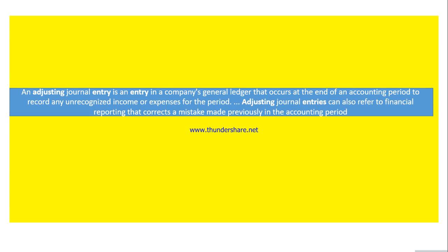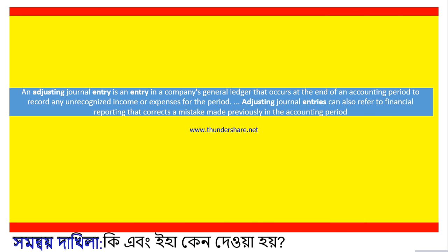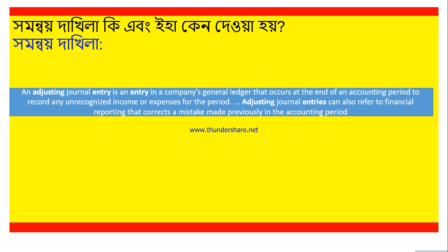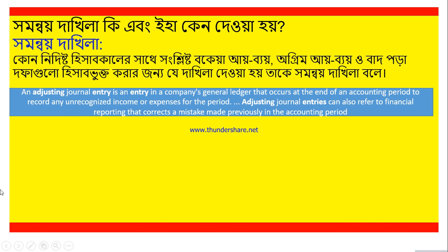So, it is time to know about the concept of adjusting entries and why it is required. An adjusting entry is an entry in the company's general ledger that occurs at the end of an accounting period to record any unrecognized income or expenses for the period.